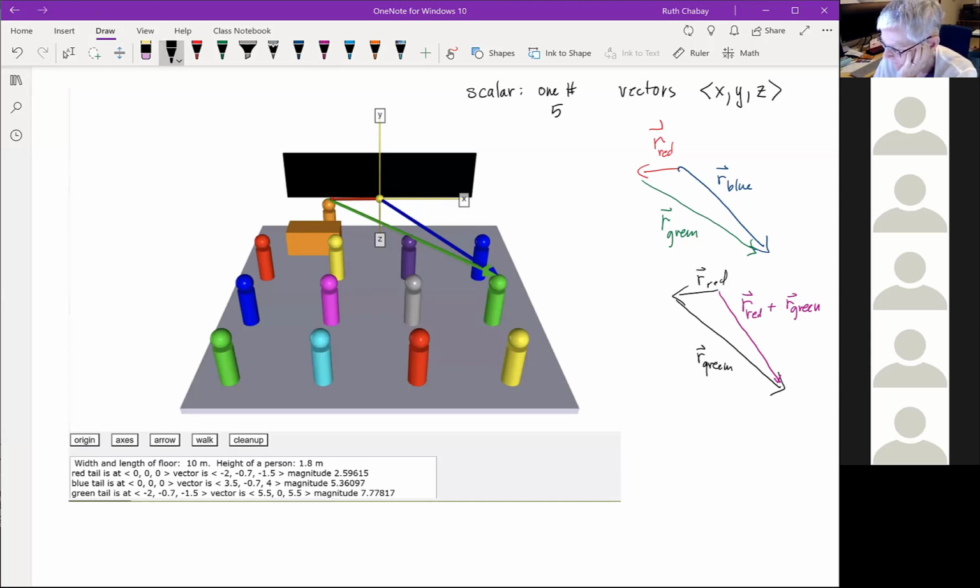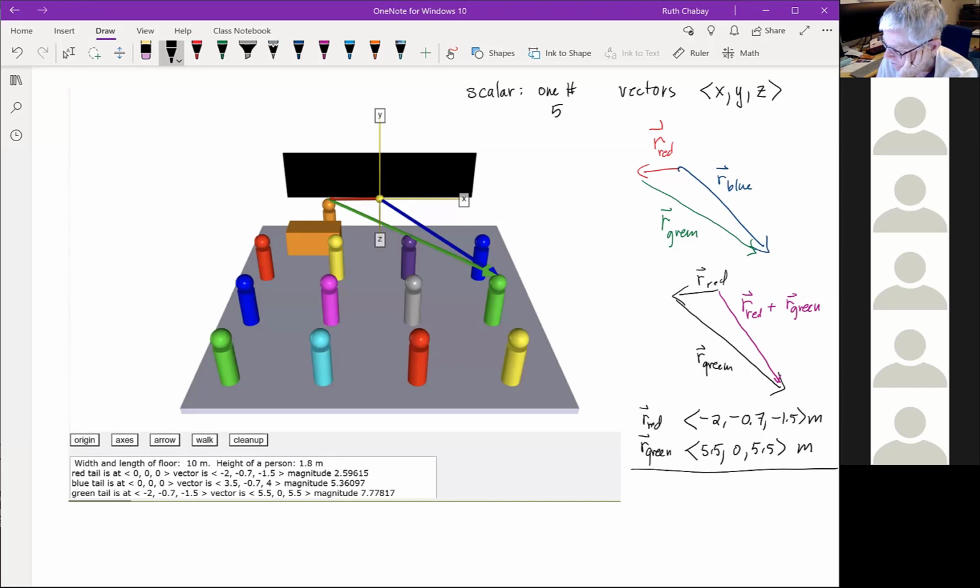So the red vector was -2, -0.7, -1.5 meters. And the green vector was 5.5, 0, 5.5 meters.